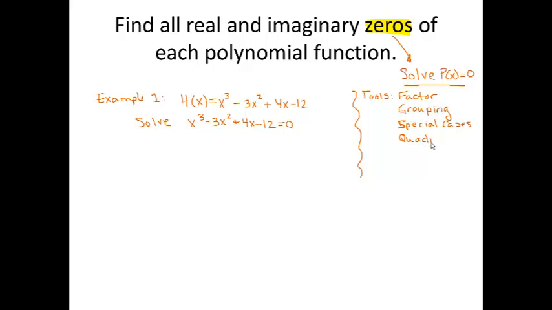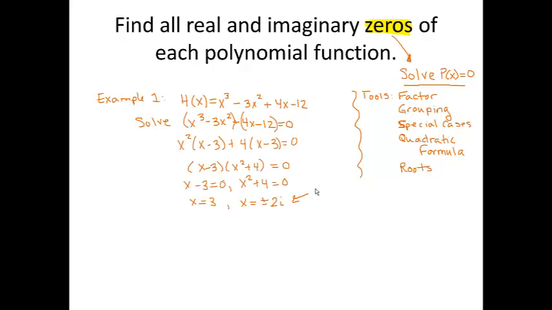Remember that that is x equals negative b plus or minus the square root of b squared minus 4ac, all over 2a. And then lastly, we could also use roots. So if we get something isolated, we can take the square root or the cube root.